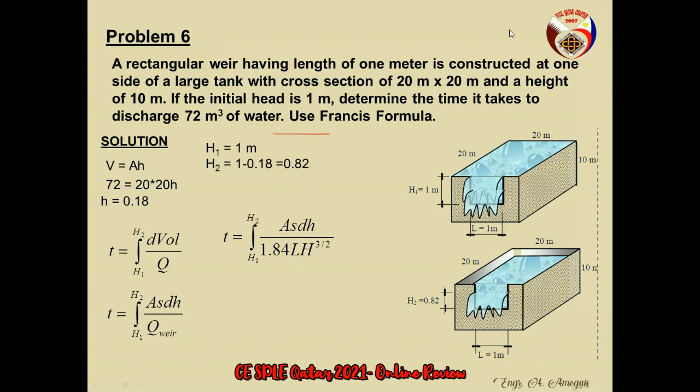Dito lang sa problem ko puro Francis, ito kasi yung pinakasikat. But it can be triangular, it can be trapezoidal weir. Parehas lang, yung L at saka H lang naman ang mag-change diyan, yung coefficient. But the principle is the same. So find time to change from 1 to 0.82, katulad lang kanina. Yung A mo is 400 dH, then H raised to 3 halves.